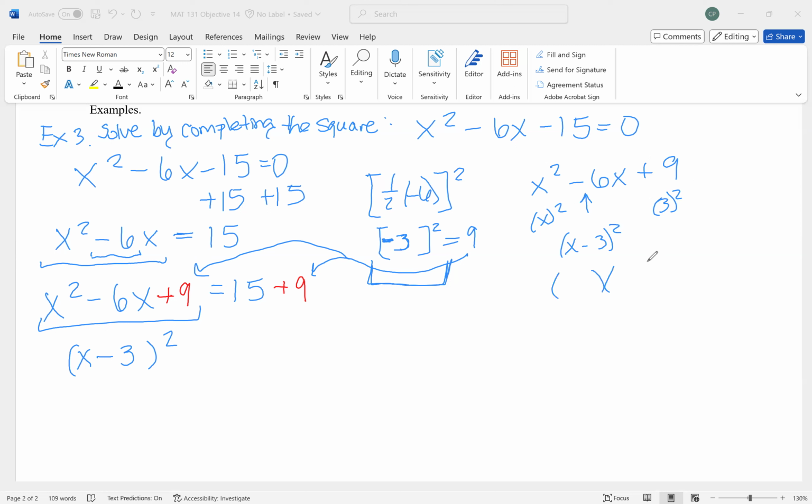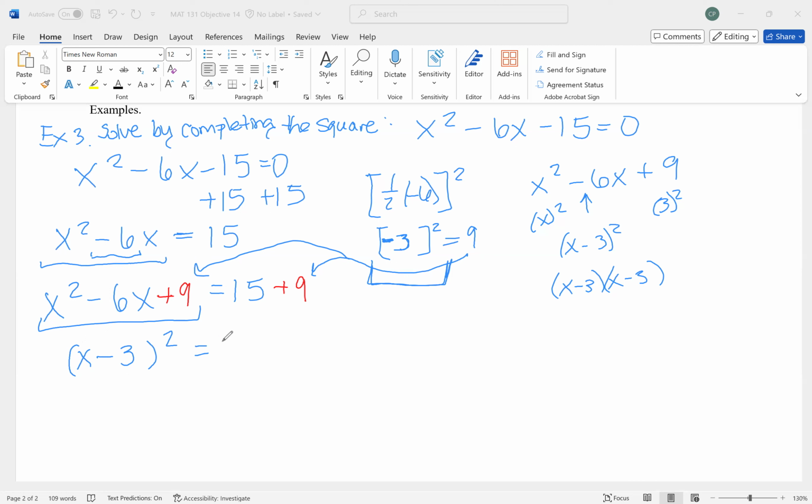Or you can set it up like this. We need two numbers that multiply to be 9 and add to be -6. So it'll be -3 and -3. However, it's going to be x minus 3 squared.